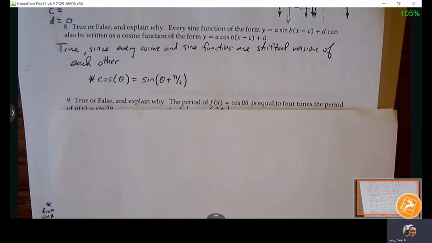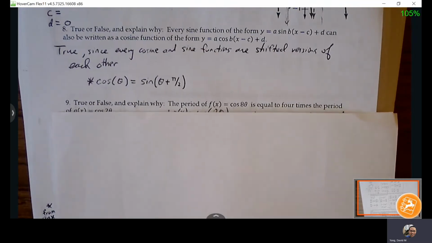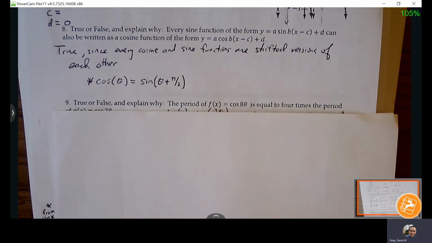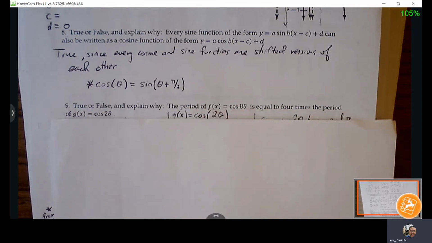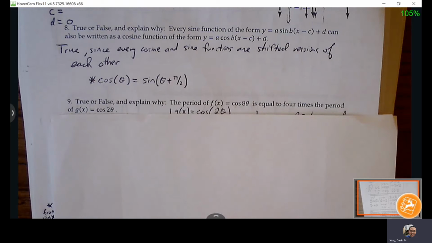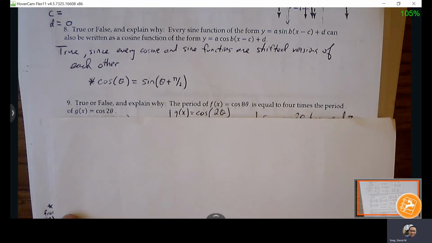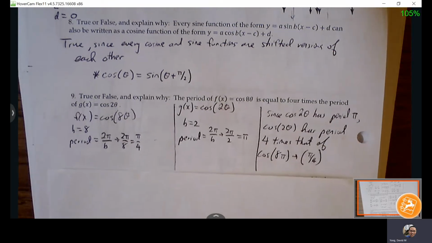Okay, number 9. True or false? The period of cosine of 8 theta is equal to 4 times the period of g of x equals cosine of 2 theta. I think here we just find the period for both and compare them to see which one is larger and what the relationship is between them.